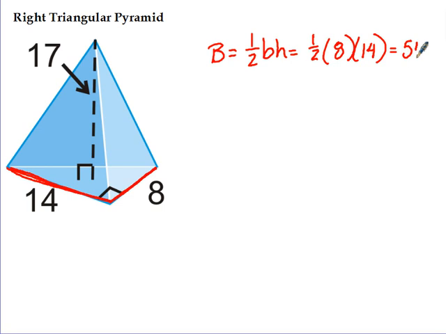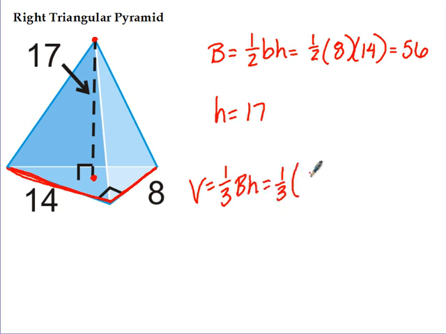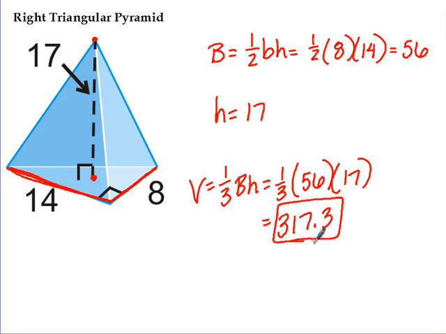Then your height, again, is from the middle of the base up to the top apex, so your height is 17. So my volume will be 1/3 capital B times H, so 1/3 56 times 17, and you get 317.3. And there is no units here, so you don't need to write units for this one. I forgot to write units in there, so you don't have to worry about it.